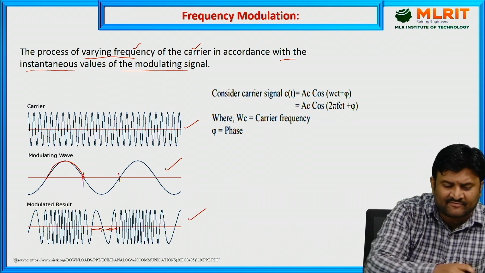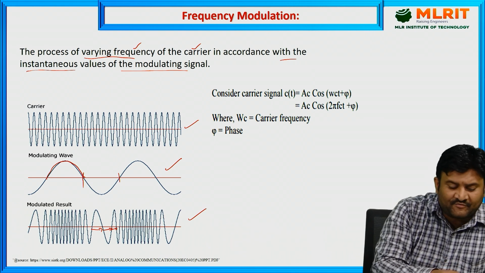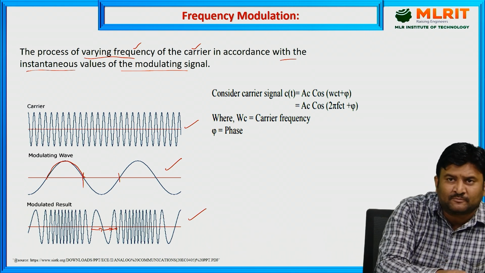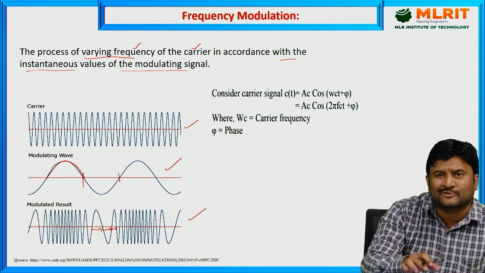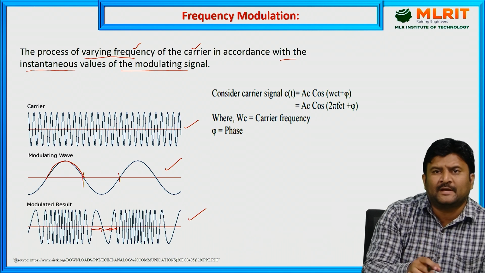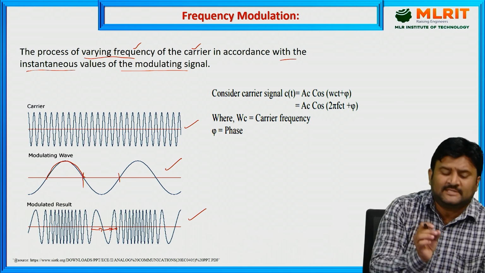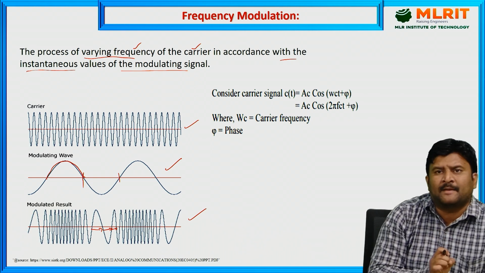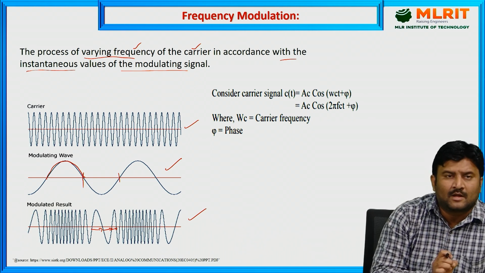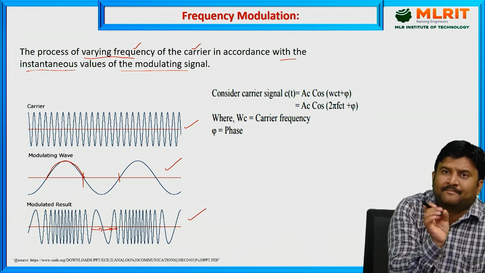This is called frequency modulation. The frequency is shifted from positive peak to negative peak to positive peak. High frequency means lower time gap between the cycles. Lower frequency means higher time gap between the cycles.